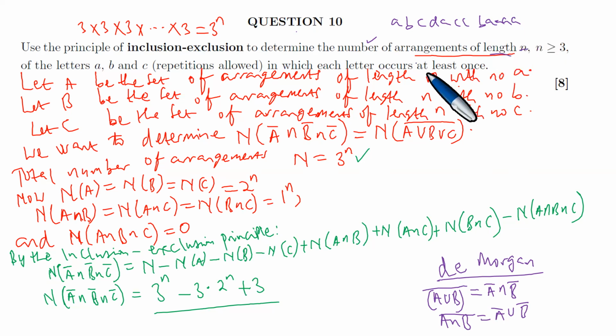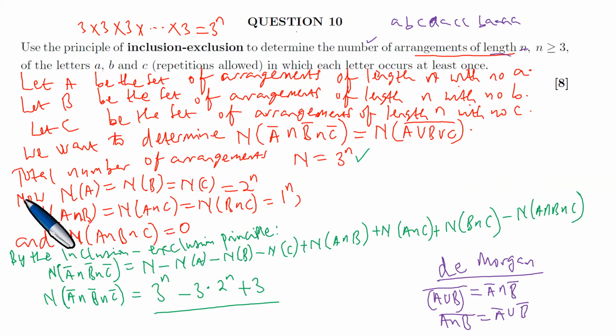The first letter must be chosen amongst these, so you can choose it in 3 ways. The second letter can be chosen in 3 ways, and the third letter in 3 ways. So 3 times 3 times 3, and so on, n times. It's 3 to the power n. The total number of arrangements will be 3 to the power n.